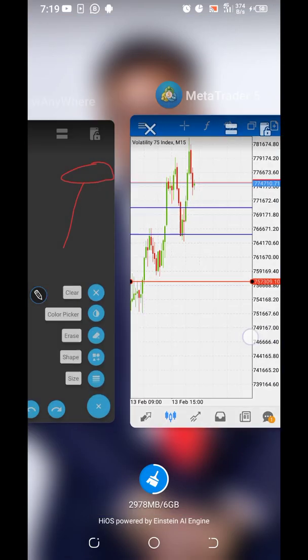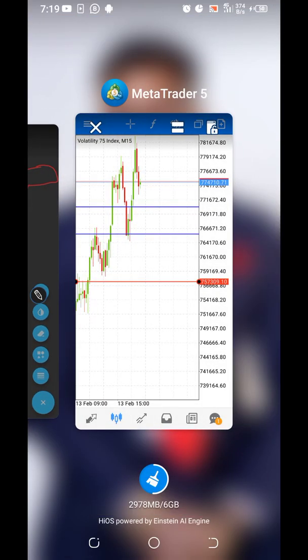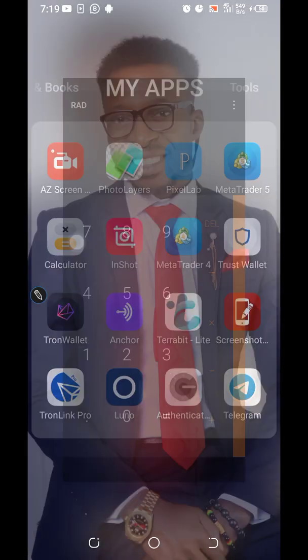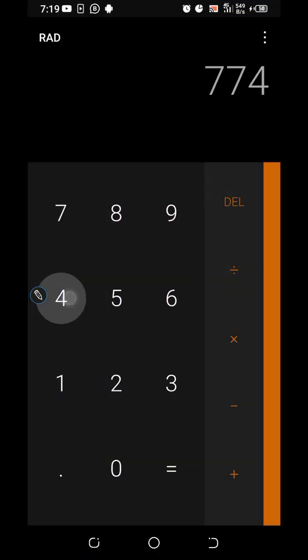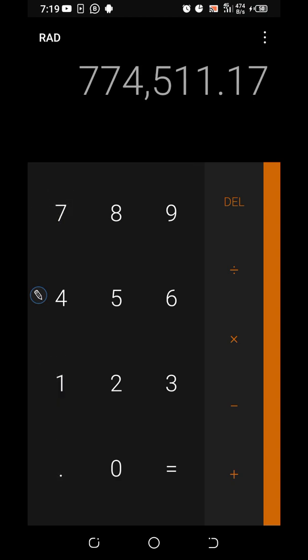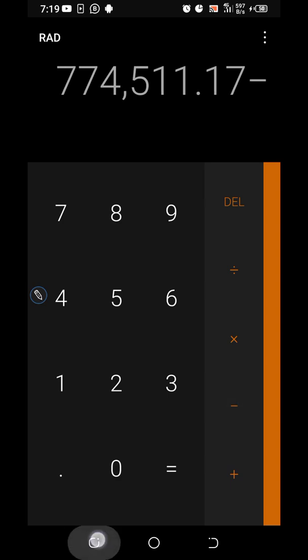774511.17. This is where the price is at currently, minus my stop loss.